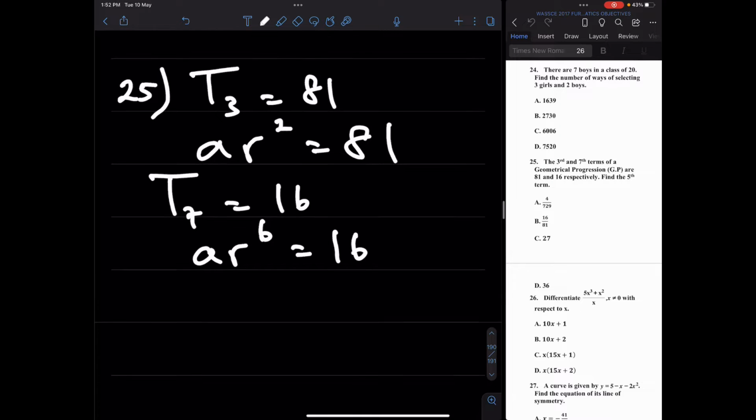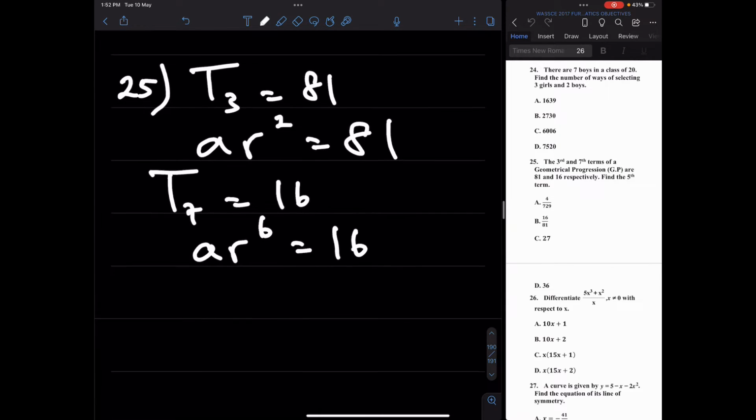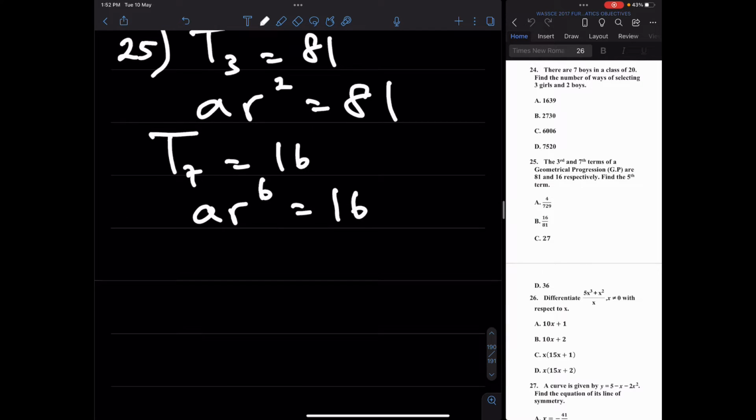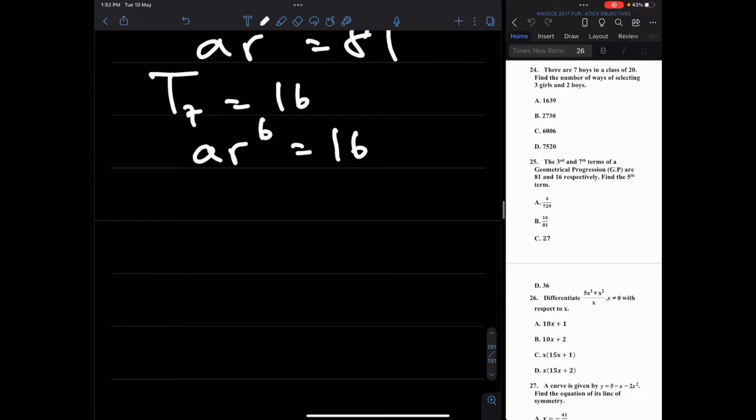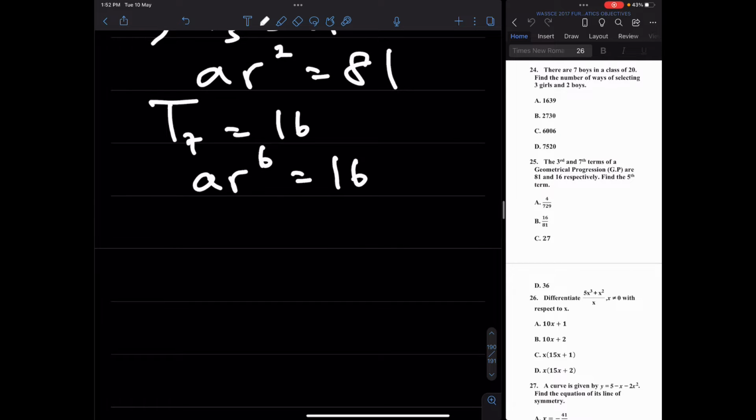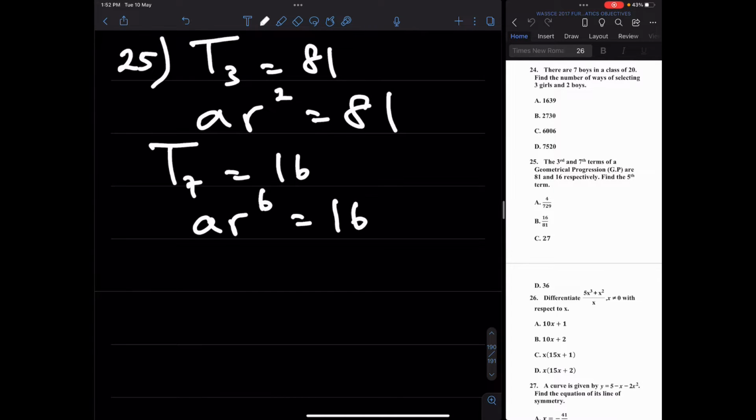Now we want to find the fifth term. To be able to find the fifth term, we need to know the values of A and R. So AR squared equals 81 and AR raised to the power 6 equals 16.